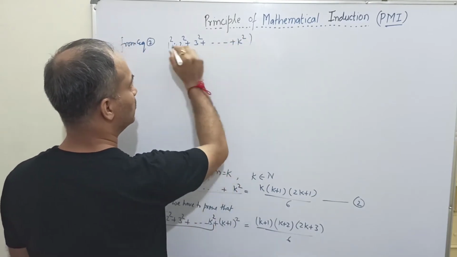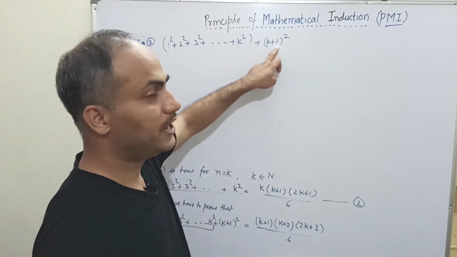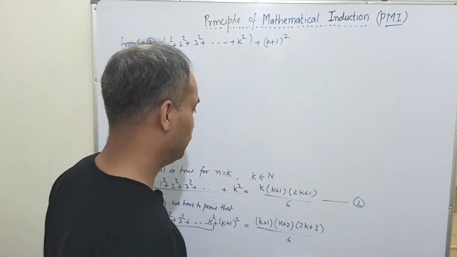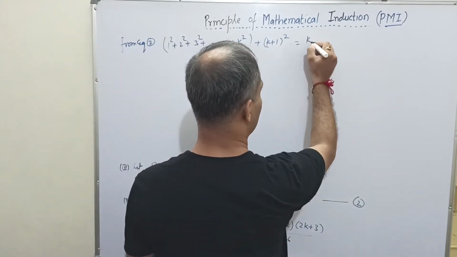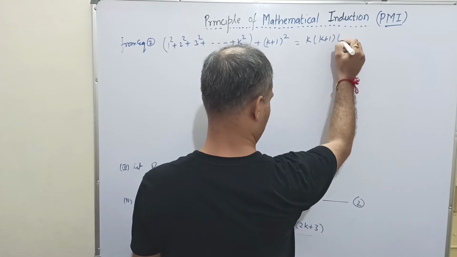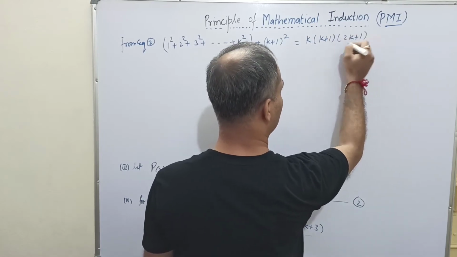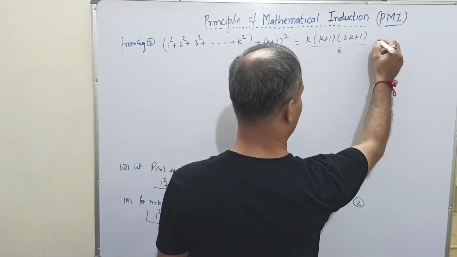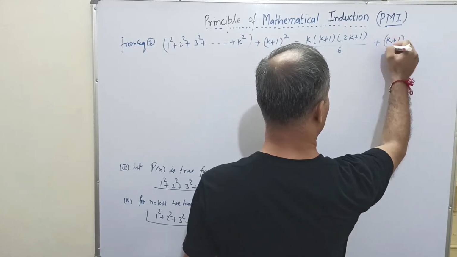This value is already there. We are going to add this term on both the sides. So this becomes k plus 1, 2k plus 1 whole upon 6 plus k plus 1 whole square.